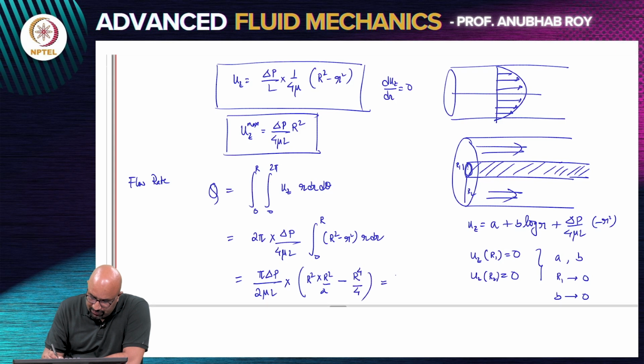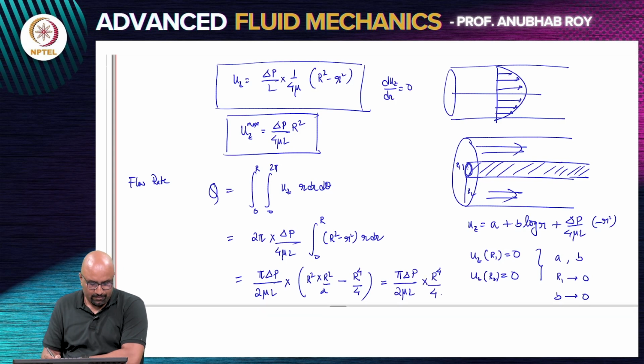So, you have pi del p by 2 mu L times R square r square by 2 minus r to the power 4 by 4.